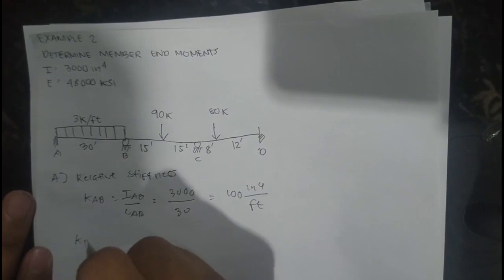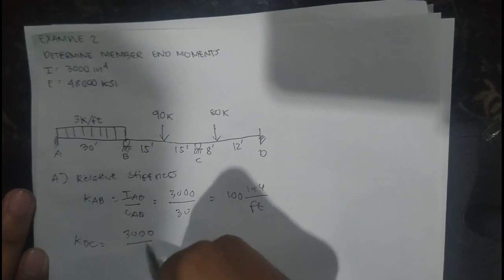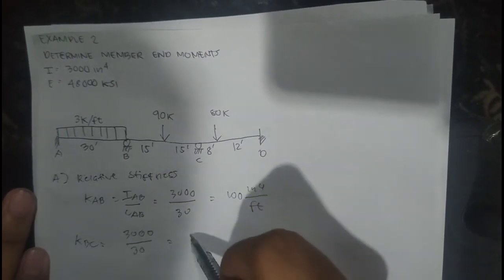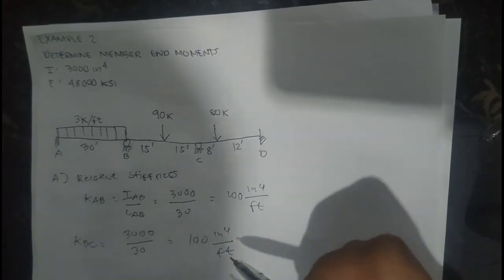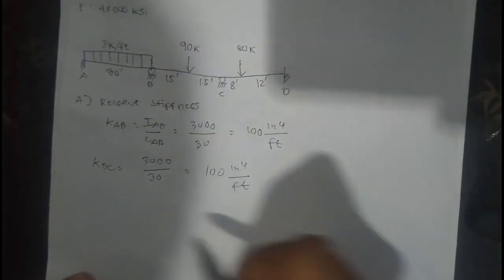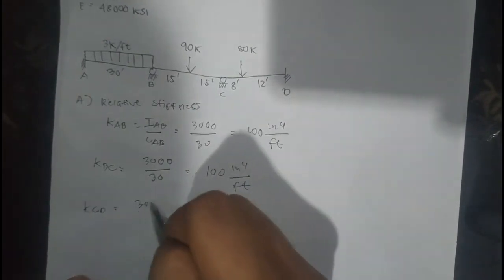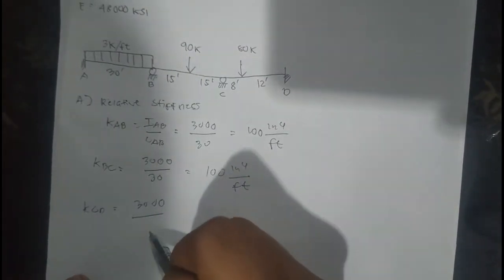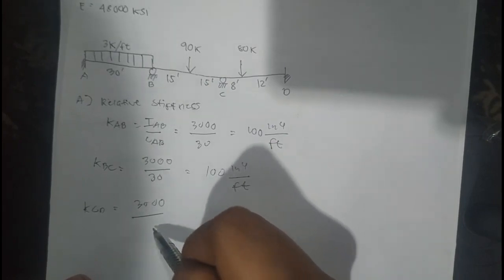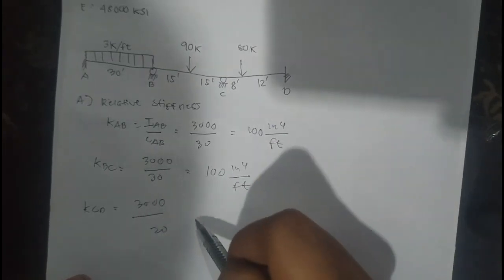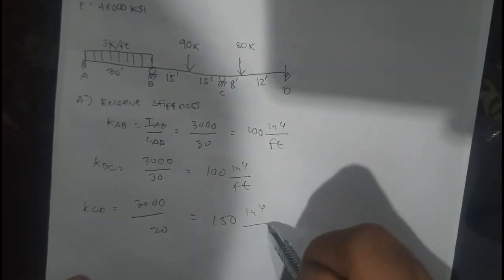Next is K_BC equals 3,000 over 30, same, so 100 inch^4 per foot. Next is K_CD equals 3,000 over 20 equals 150 inch^4 per foot.